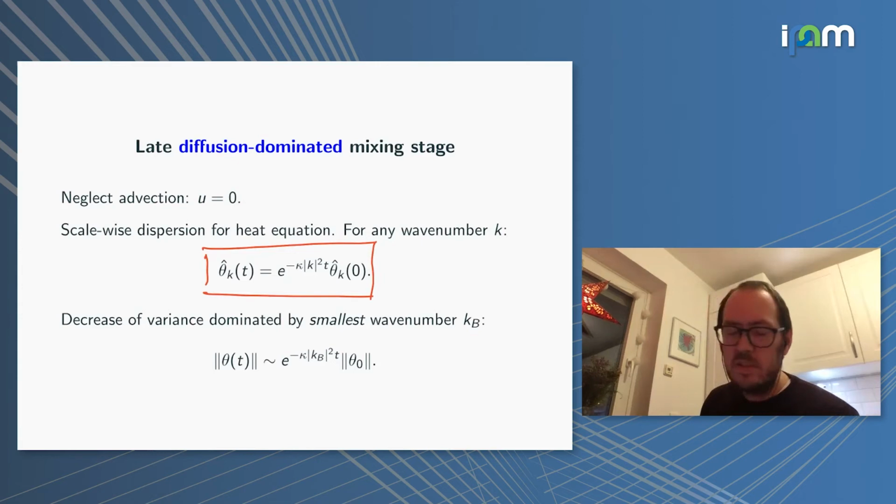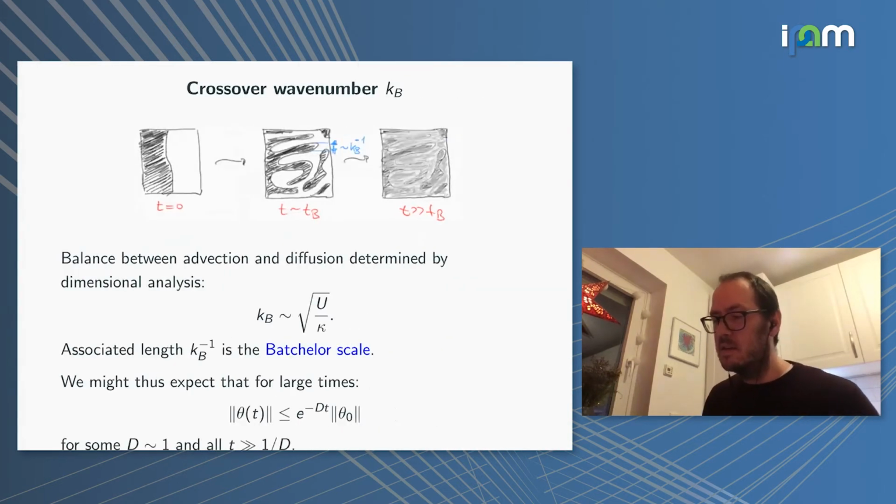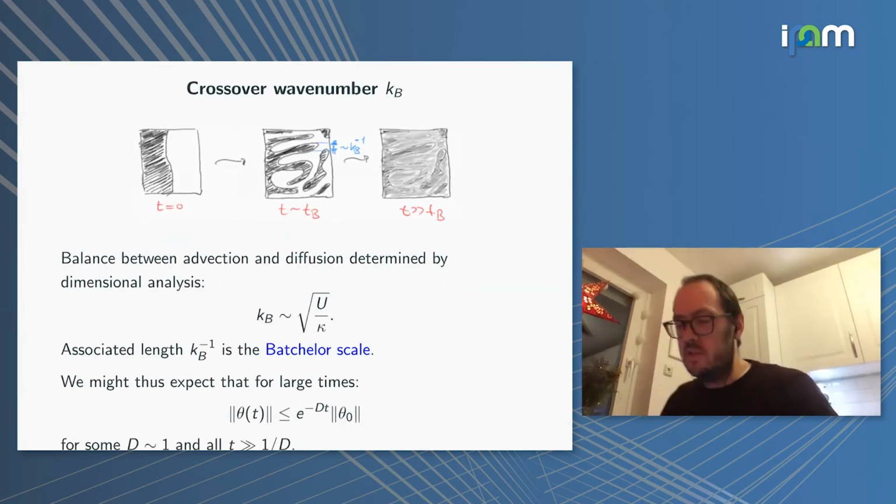So the question here is now, in this heuristic, what is the wave number that appears when we have this interplay of advection and diffusion? And this wave number is exactly determined by the balance between advection and diffusion.